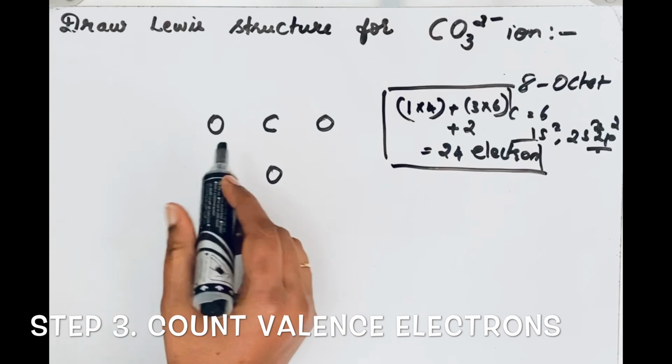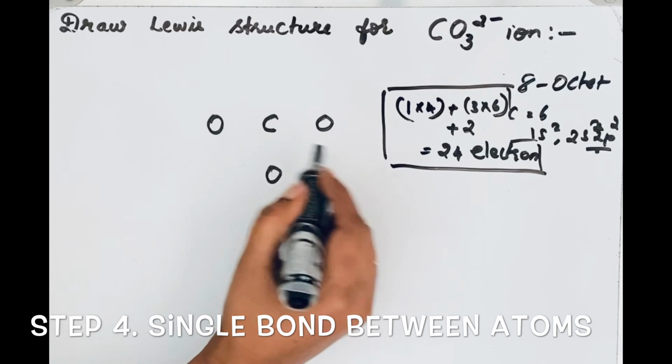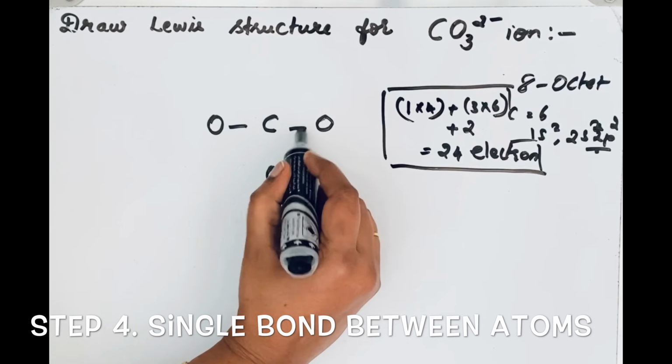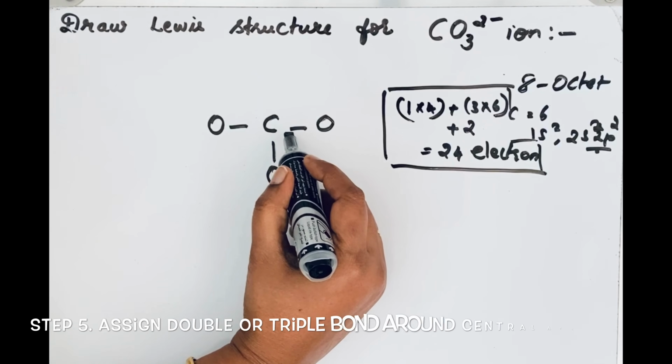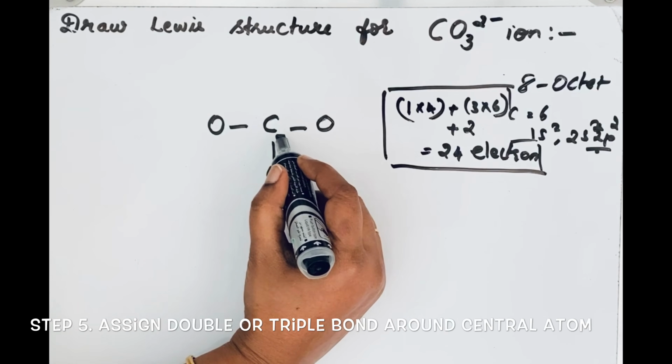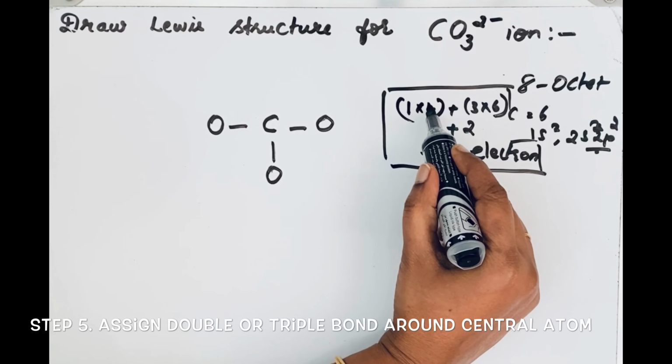Okay, come to this structure now. The next step is draw single bonds. So let us draw single bonds. Now after that, double or triple bond, how do we know that? You know carbon has 4 valence electrons.